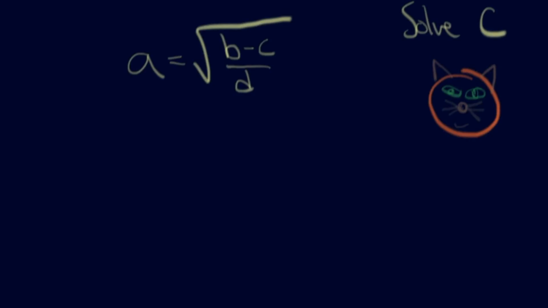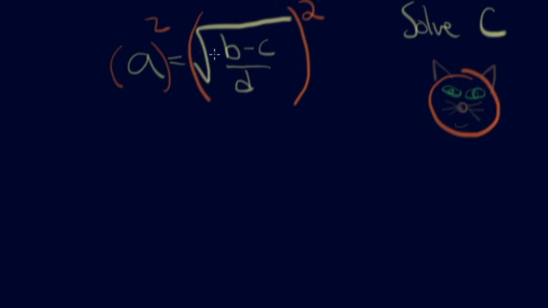So solving for c, the very first thing is I want to get rid of this square root sign. How do I get rid of a radical symbol? I'm going to do the opposite. Actually, let me use a different color to make this very obvious. I'm going to do the opposite, which is squaring something, and if I do it to one side, I've got to do it to the other side.